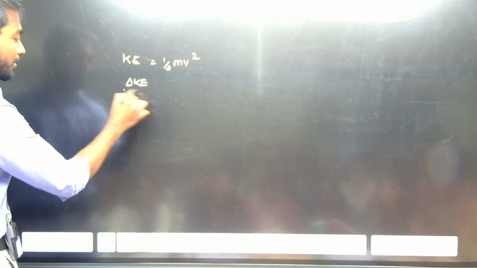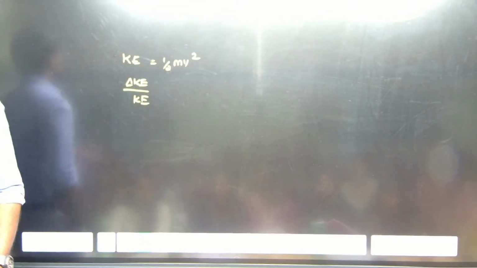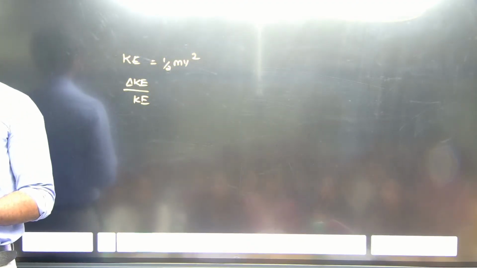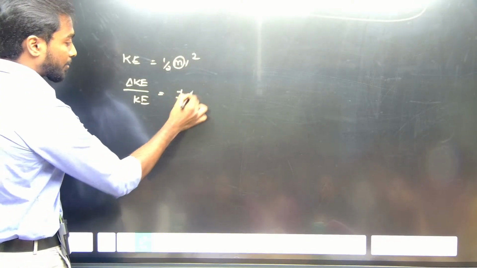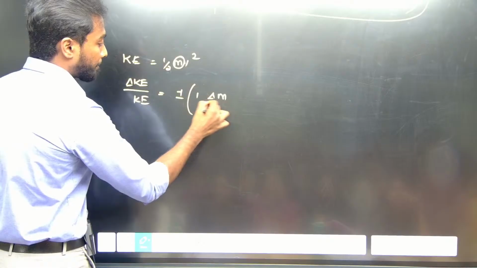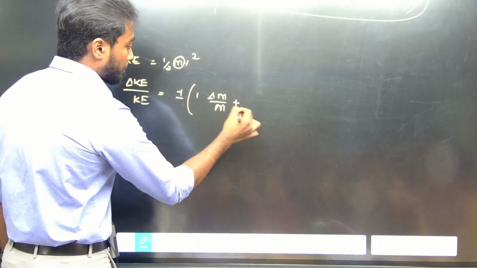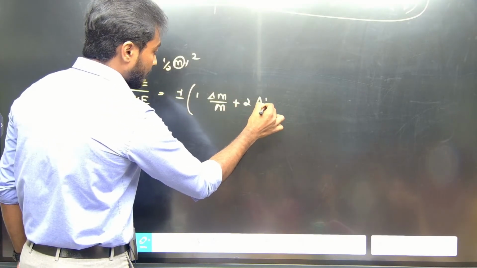Leave about the constant, don't think about the constant, okay? Kinetic energy delta KE by KE, correct? Percentage, yes or no? That's the given formula, no? Should be equal to, what is the power? 1, like plus or minus 1 into delta m by m plus 2 delta v by v.